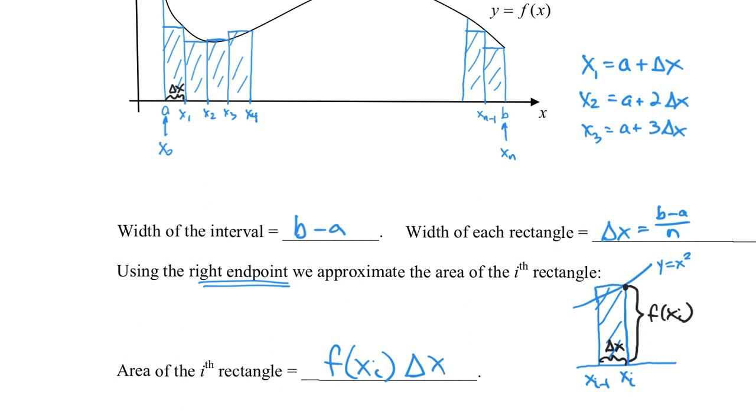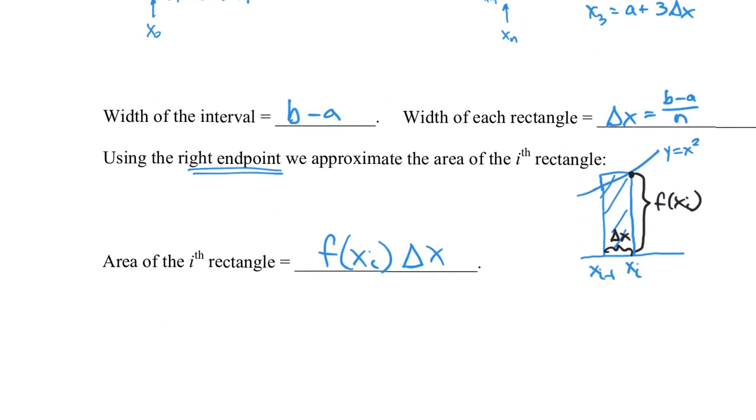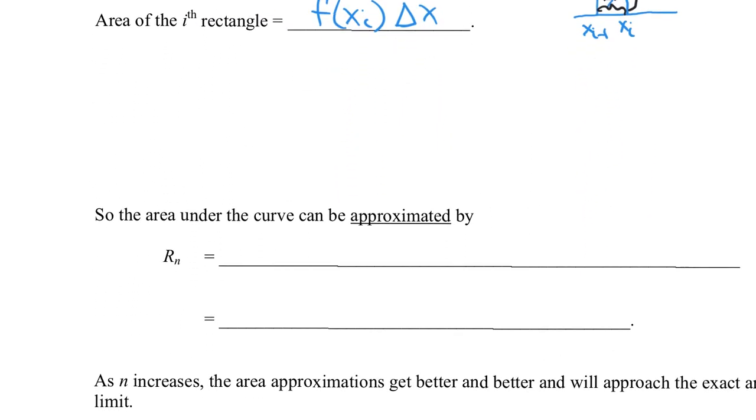For any one of these rectangles, the area is just width times height, just like a rectangle. The width is going to be the change in x, delta x. The height is going to be the function's value at this input. So with that in mind, we can find an approximation for the area under the curve.